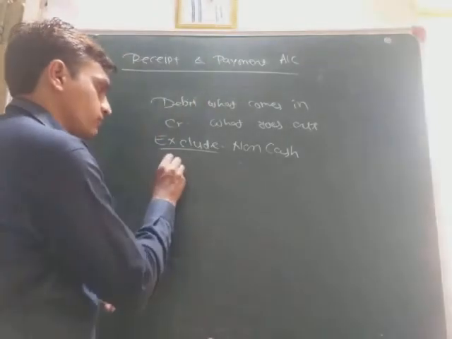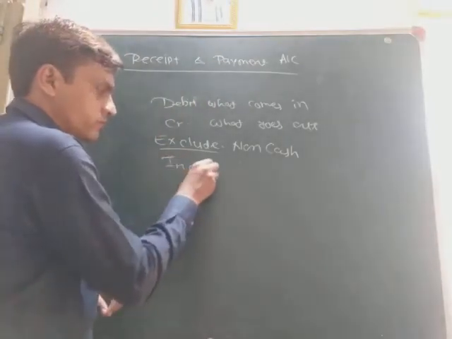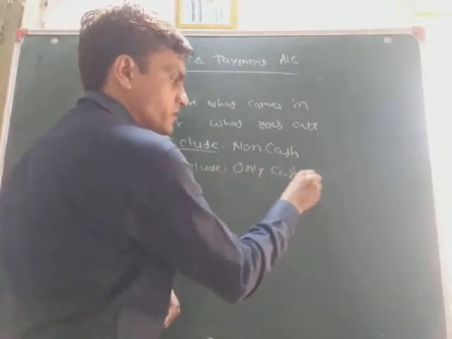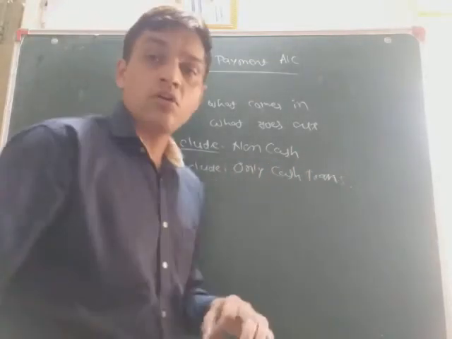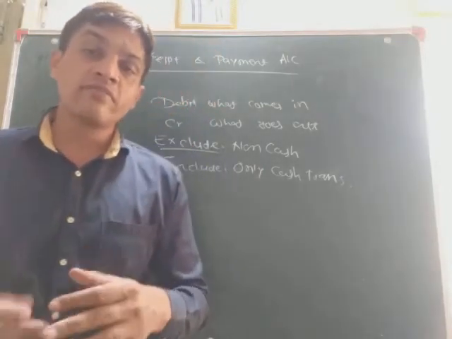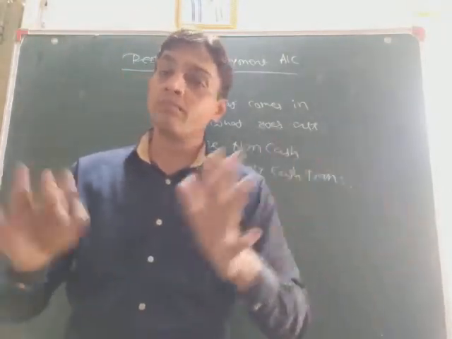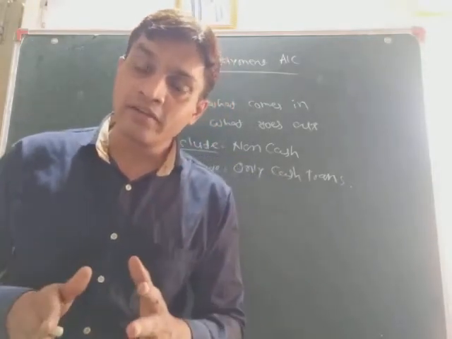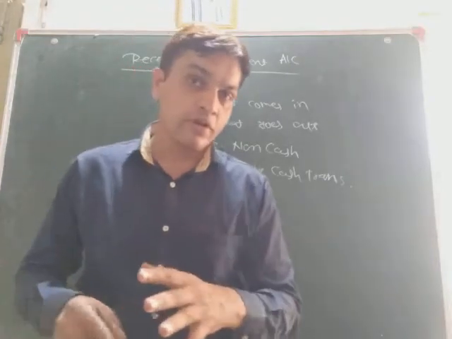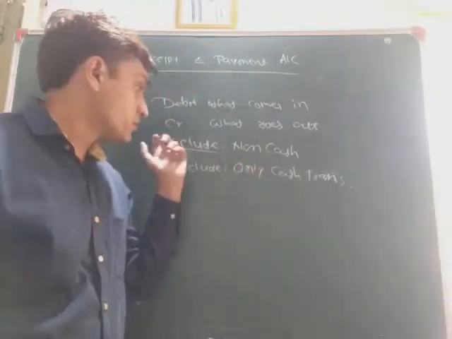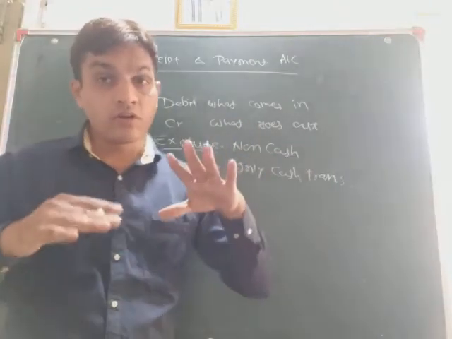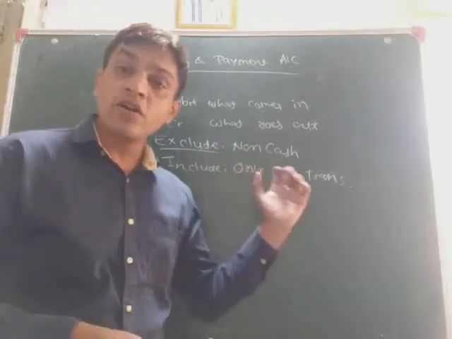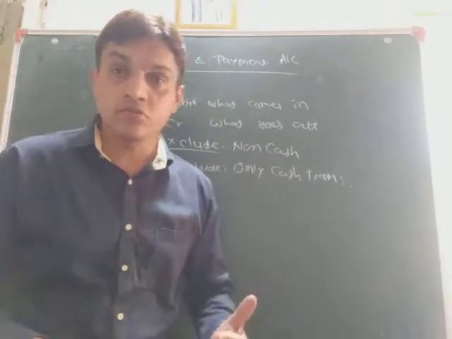That is include: only and only cash transactions that we have to record in this receipt and payment account. So first of all we have to keep in mind what to record and what not to record. Again I repeat, non-cash transactions are not recorded because they are non-cash, and only cash transactions we have to record.